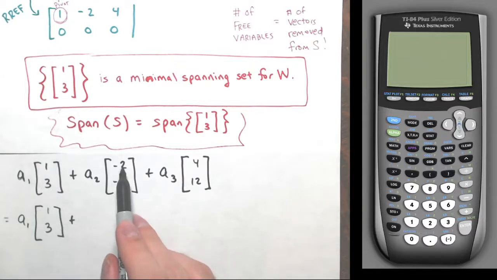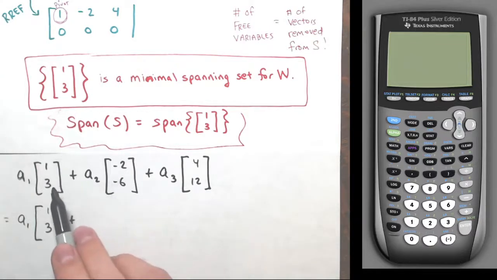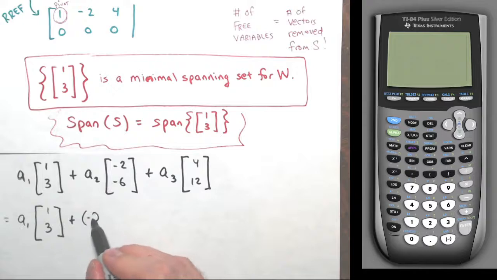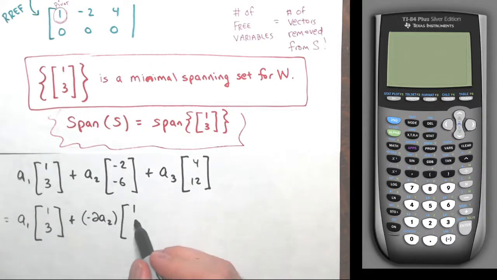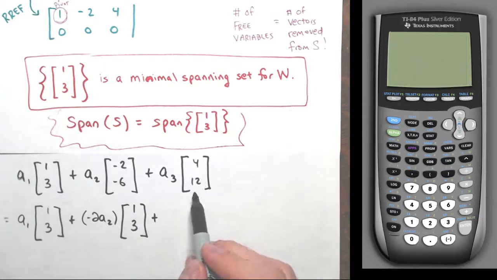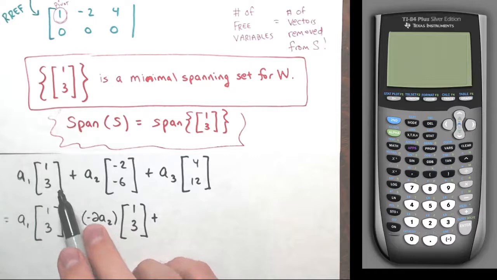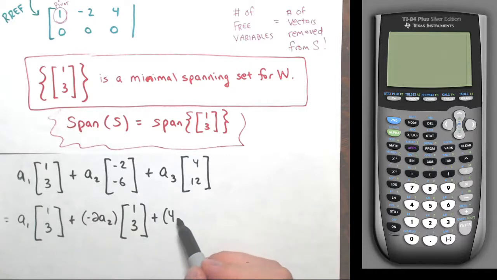But (-2, -6) is just -2 times this vector. So if I pull a -2 out of these, I'd have -2a2 times the vector (1, 3). Plus, this (4, 12) vector is just 4 times this vector. So I pull a 4 out, 4a3 times the vector (1, 3).